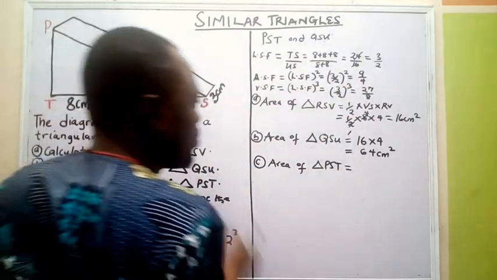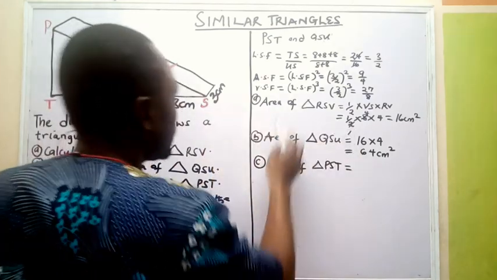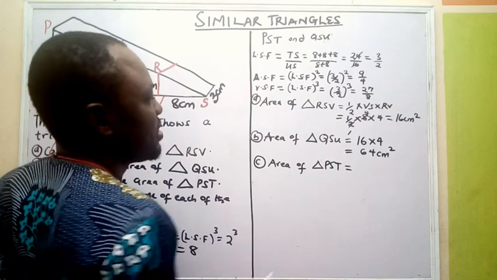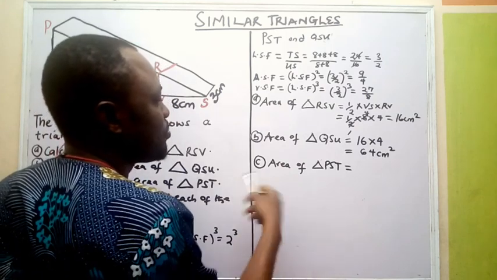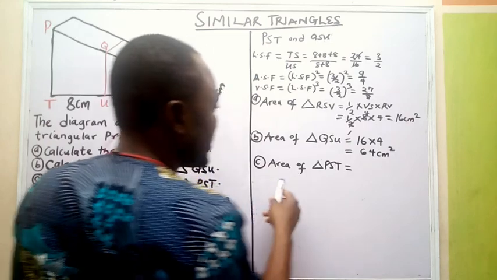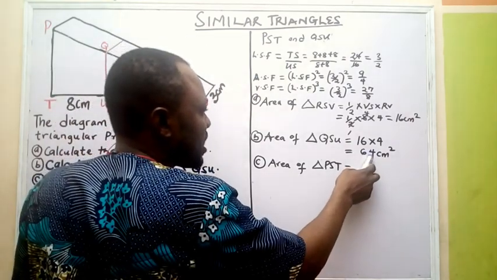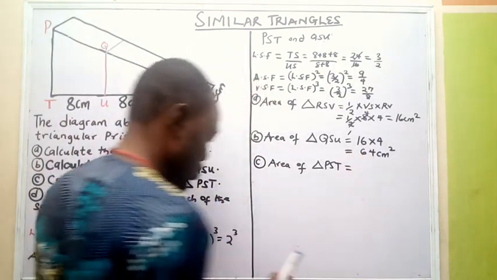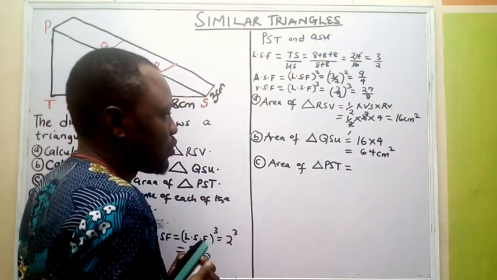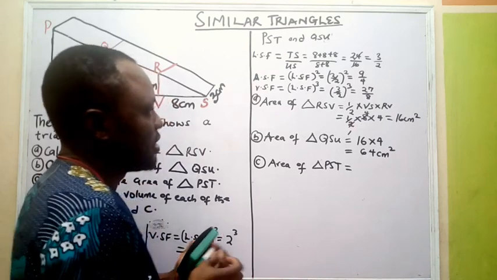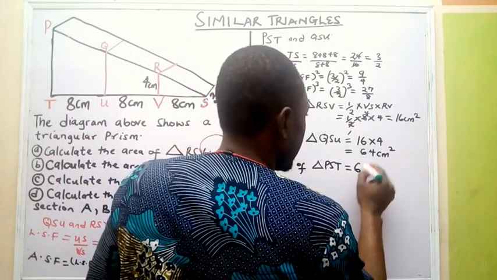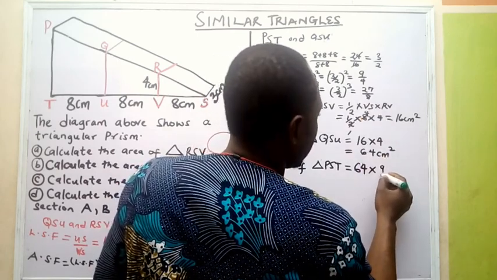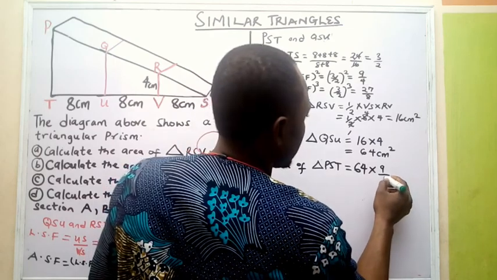So now I'm moving from the smaller shape, which is QSU, to the bigger shape, which is PST. So I said in order to get the bigger area, you multiply the smaller area by the scale factor. So I'm going to use 64 multiplied by 9 over 4.